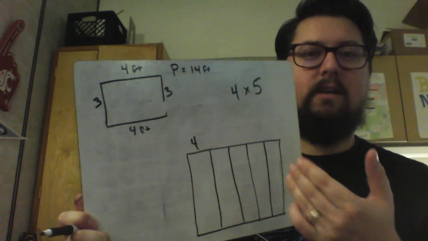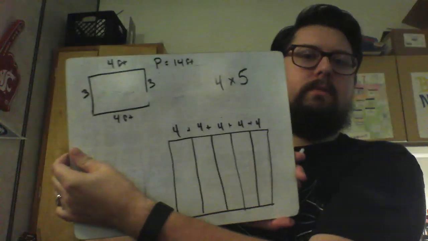So I've got 5 sections, and each section is 4 feet. We can add those totals up. So 4 plus 4 plus 4 plus 4 plus 4 is 8, 12, 16, 20. So I know this whole side is 20 feet. And if you are thinking about it, 4 times 5 is 20.